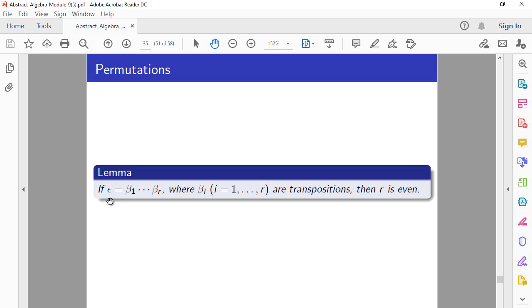So if we express epsilon as the product beta 1 dot dot dot beta r, where these betas are all transpositions, then r must be even. So if we express epsilon as a product of transpositions, then the number of factors will always be even.